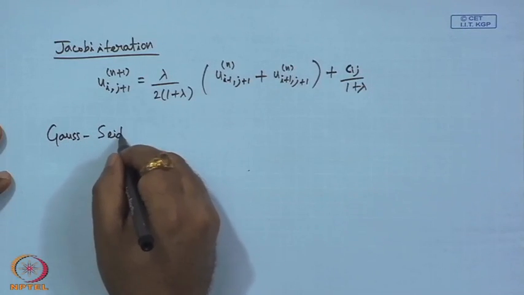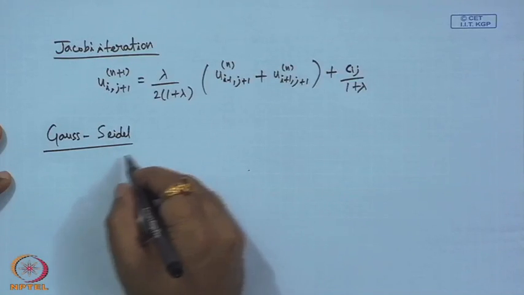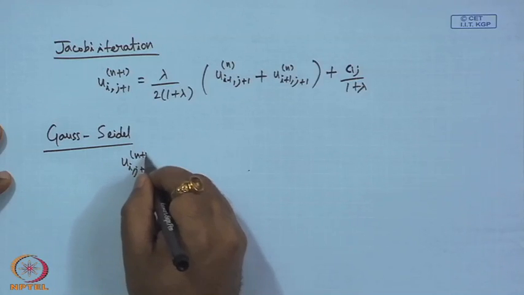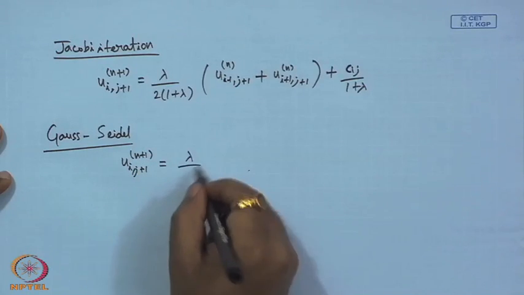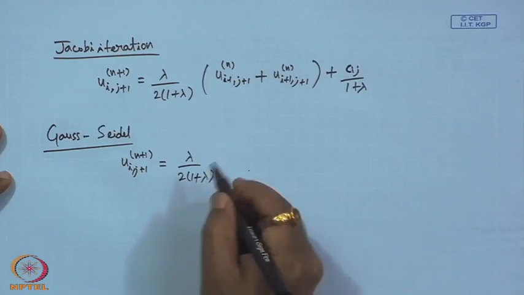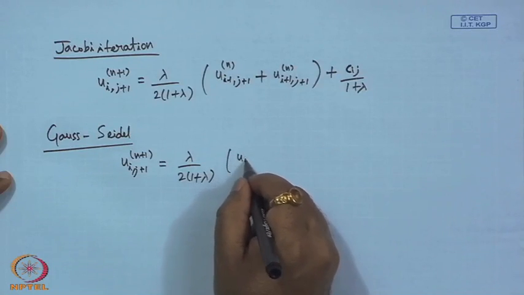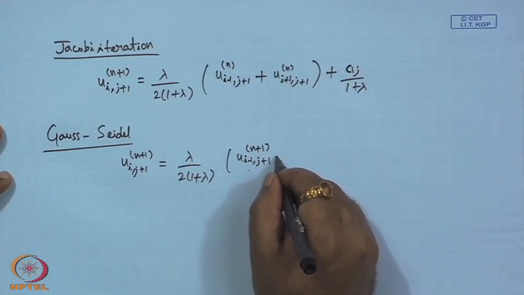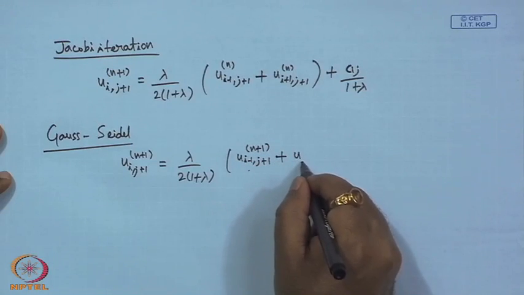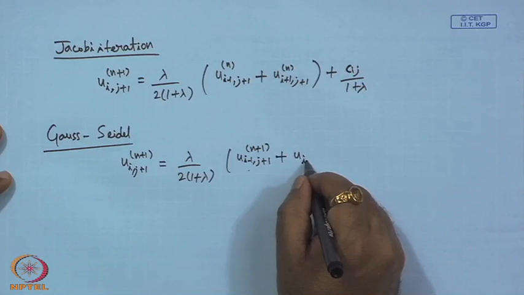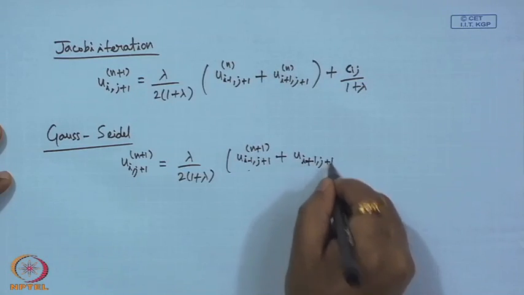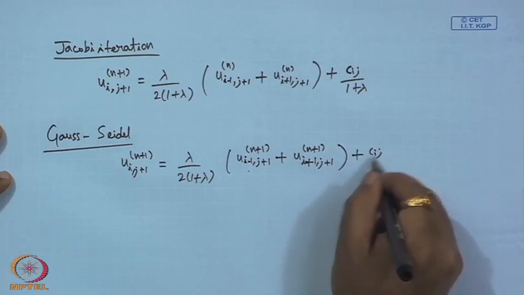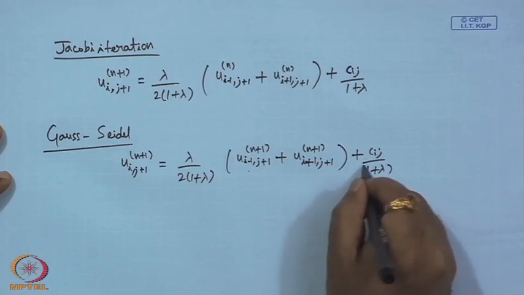Then Gauss-Seidel. So, in this case, whatever is available we are going to use, up to that level of iteration.